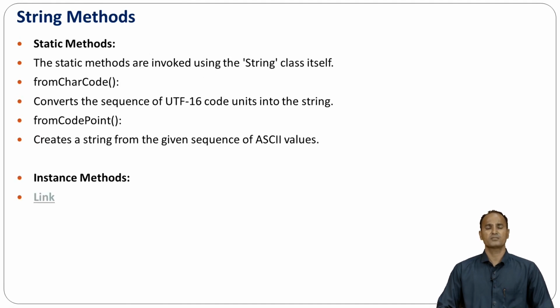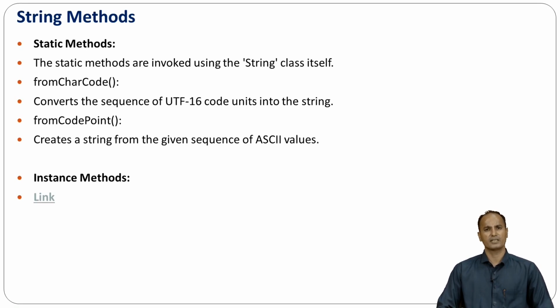Now there are various methods available in strings that we can use to manipulate our string. The static methods available in the String class itself are fromCharCode, which converts a sequence of UTF-16 code units into strings, and fromCodePoint, which creates a string from the given sequence of code point values.